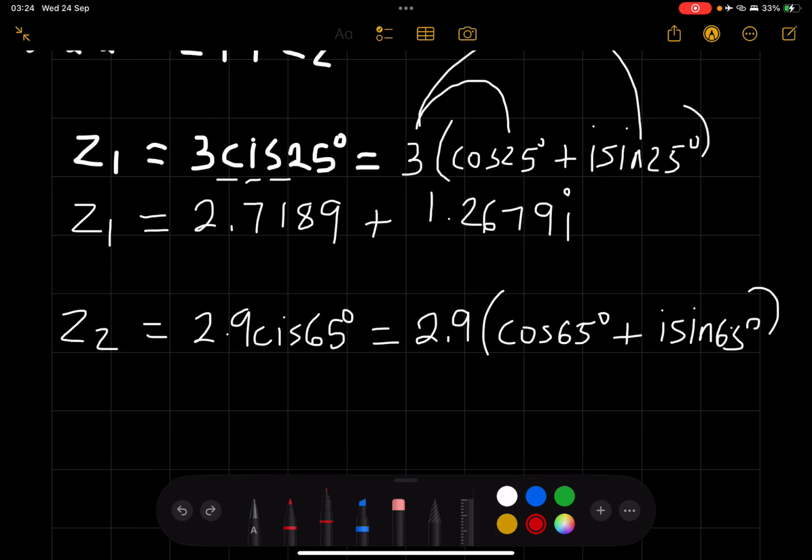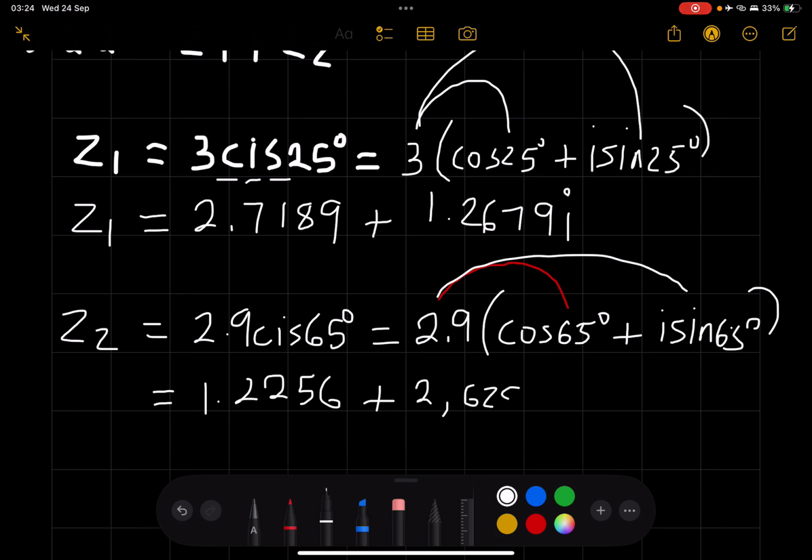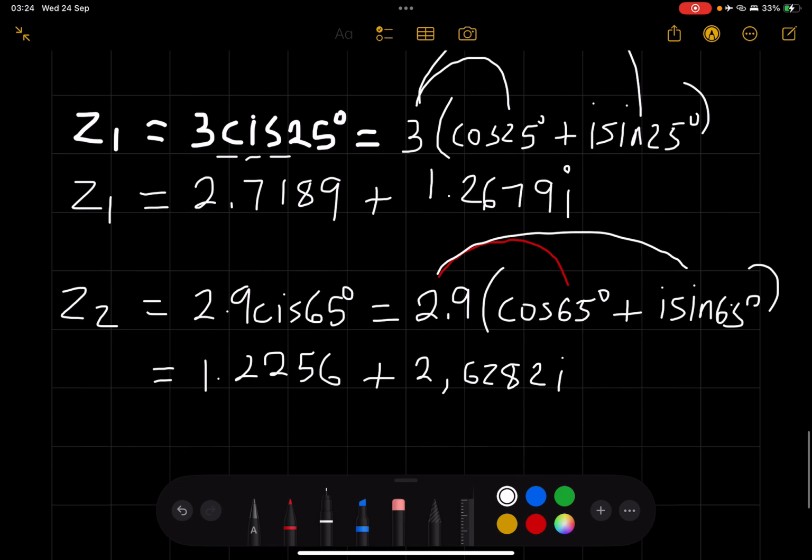Okay, sure. So now taking this and multiplying by that will give us, let's see, on our calculator, that should give us 1.2256 plus, taking it and multiplying with sine, so 2.9 times sine 65 should give us 2.6282i, right?